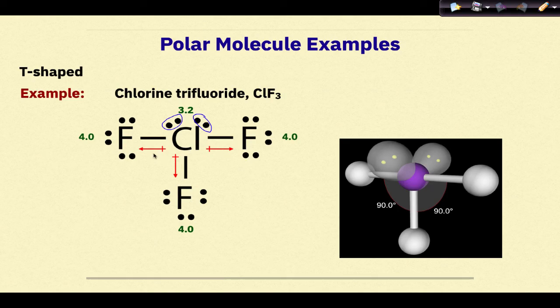And we can see that these two arrows cancel each other out, but there is nothing canceling out this arrow right here. Therefore, because this arrow is not canceled out, there is a net dipole moment, and the molecule is considered polar. So when we see this, we can see that the chlorine would have a slightly positive charge and the fluorines will have slightly negative charges.